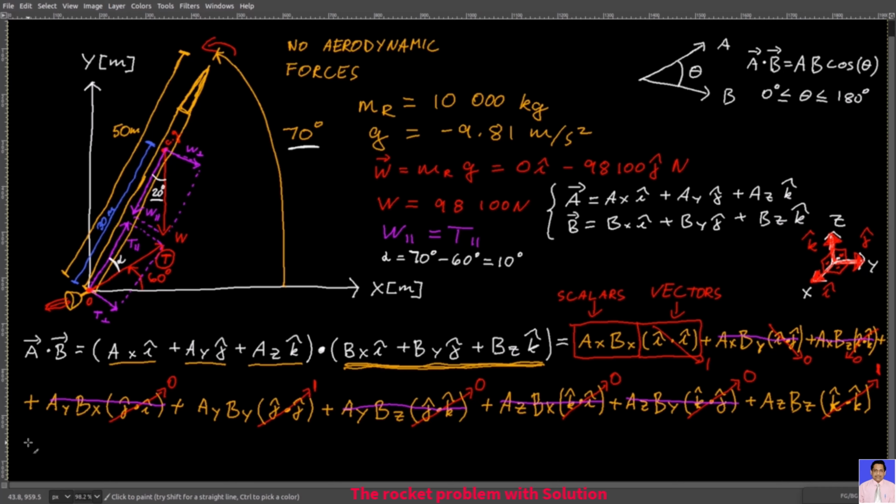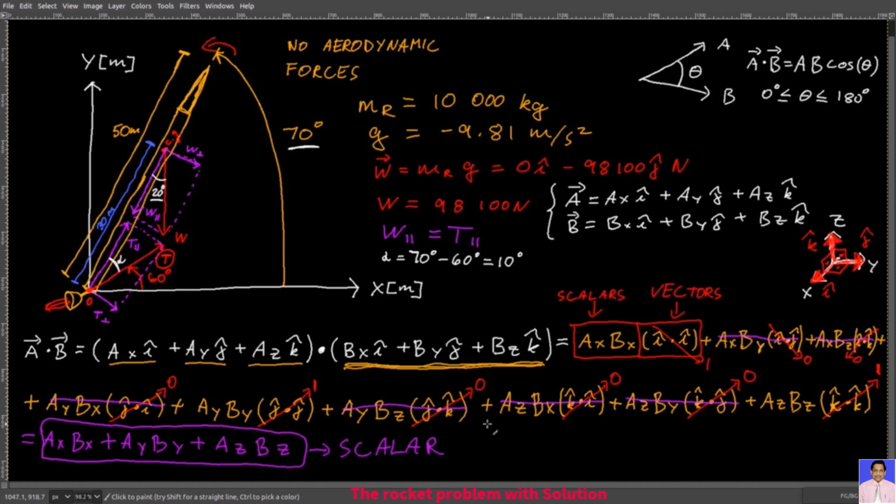So your end result will be ax bx, which is this one, because you have ax times bx times 1, so you get a scalar, plus ay times by plus az times bz, this one. And note that this is not a vector, this is a scalar. And there you go, now you know how to calculate the dot product of vectors if you have their i, j, and k components.